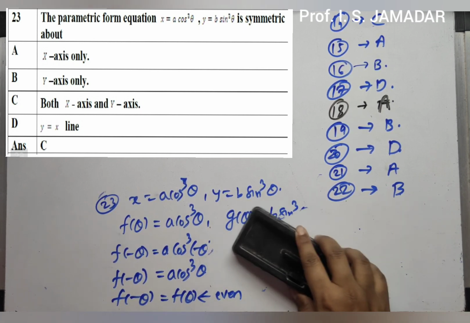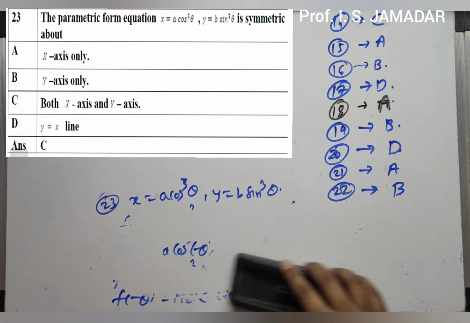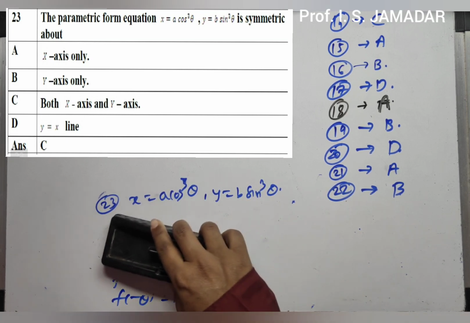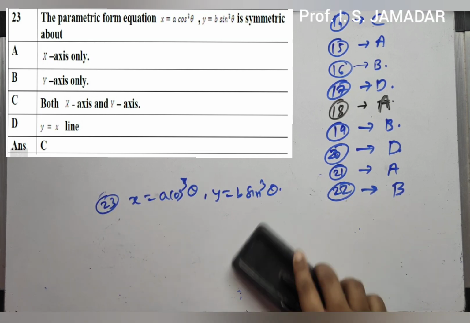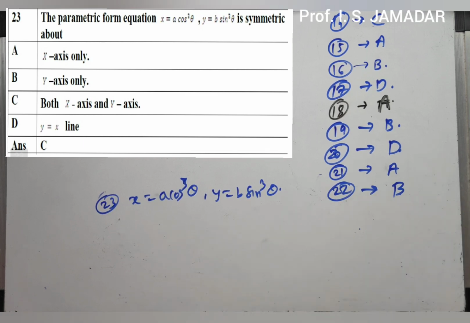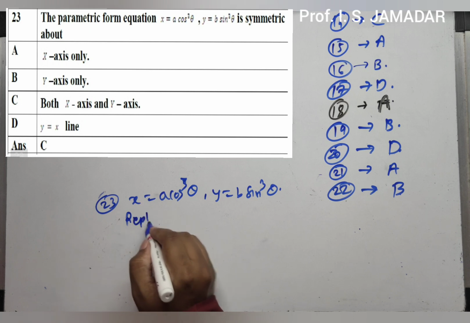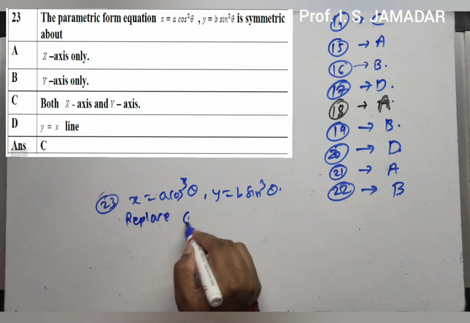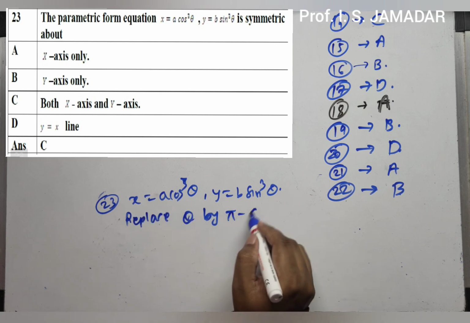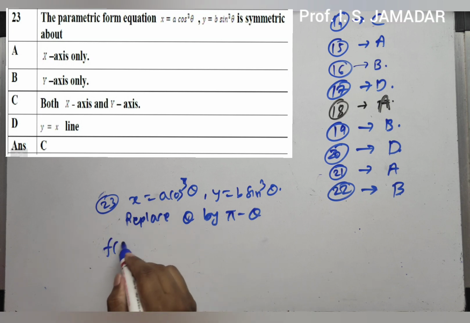One symmetry we got as symmetric about x-axis, and to check symmetry about y-axis we have the alternate rule, which says replace theta by pi minus theta.